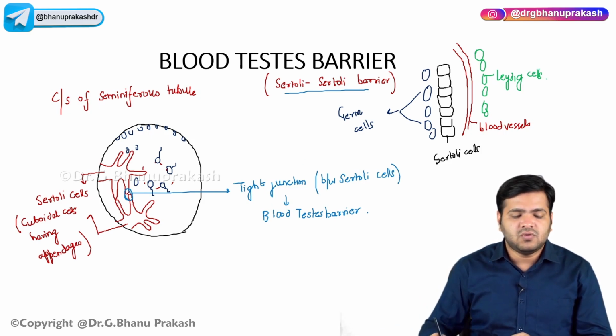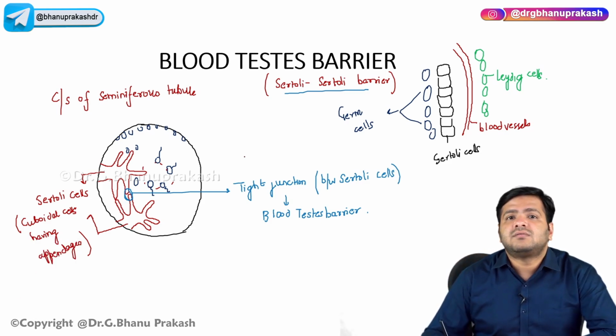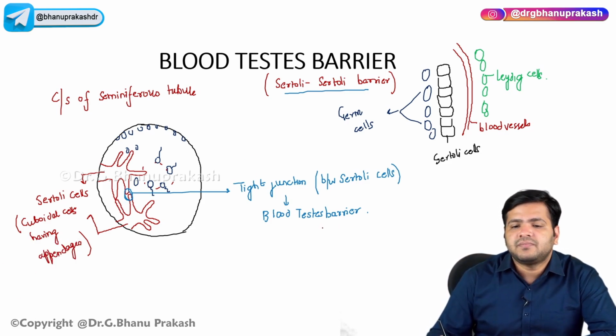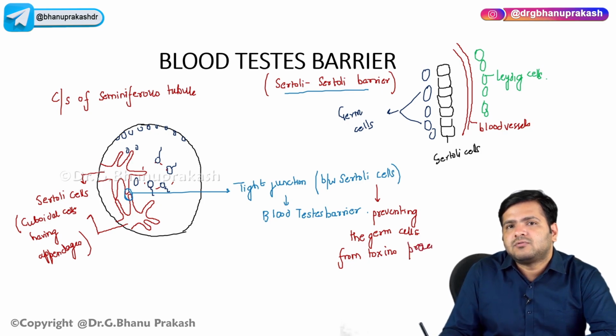So remember, the Sertoli cells are preventing the germ cells from the toxins present in the blood.